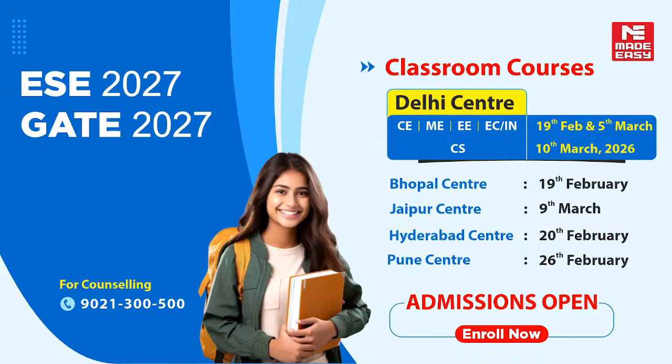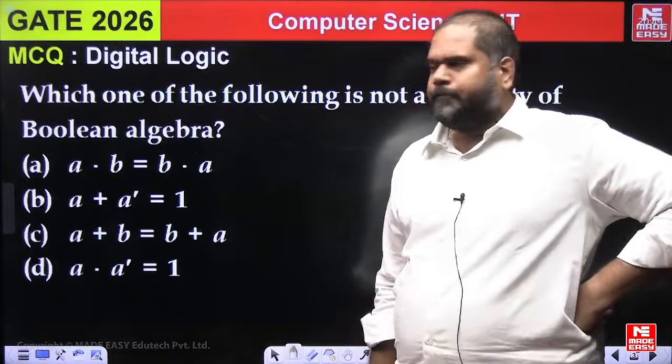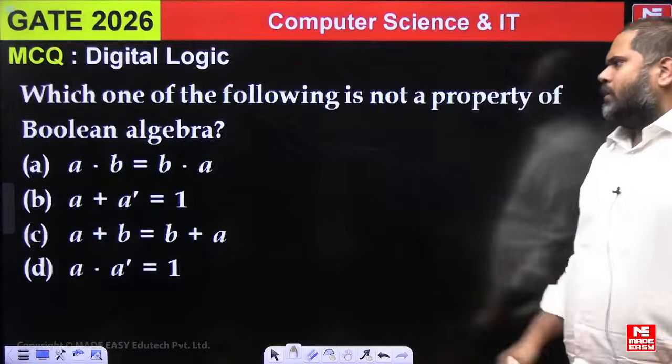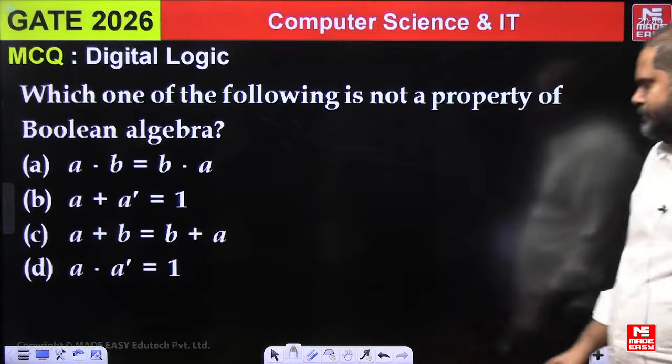Friends, let's see this question. Which of the following is not a property of Boolean algebra?